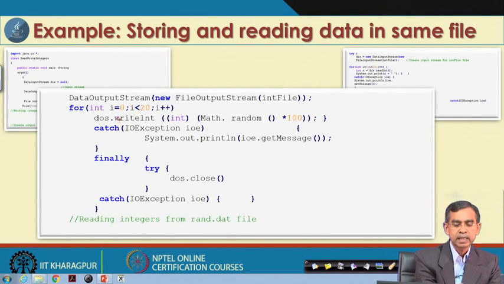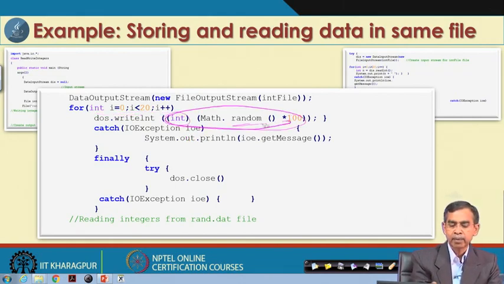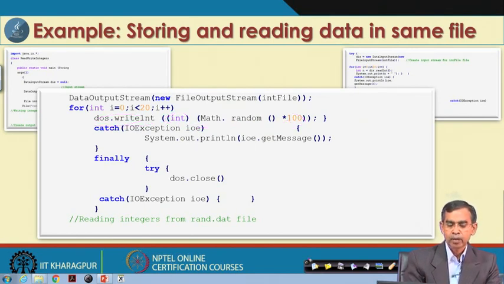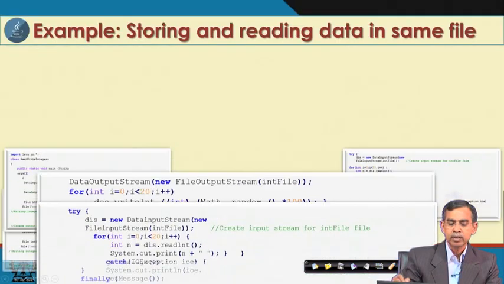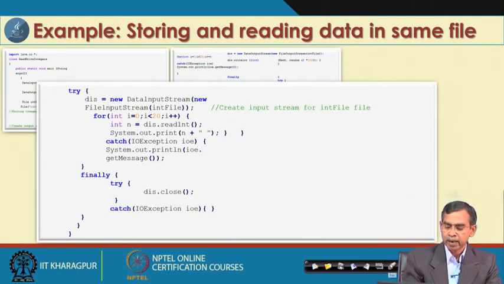Here, for i equals 0, a total of 20 random numbers will be created using the random function which is there in java.lang, and then written into that stream. So, this way it writes into the file. Once the file writing is over, we can read the same file.